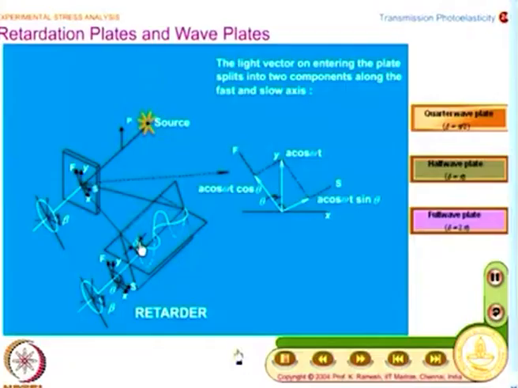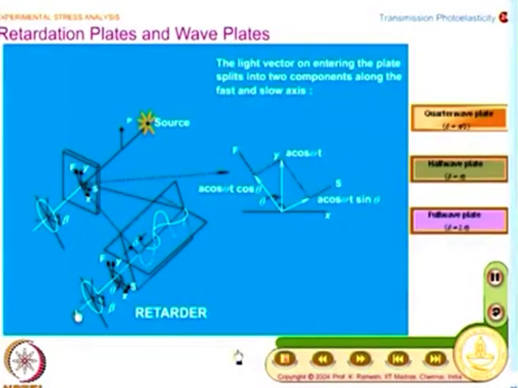Because it has different refractive indices, and we have looked at refractive index as ratios of velocities. That is why I said we always want to look at them as ratios of velocities, because we want to feel that one wave will travel faster than the other. I have an ordinary and an extraordinary ray, they travel with different velocities, and when they come out, you have an elliptically polarized beam of light.